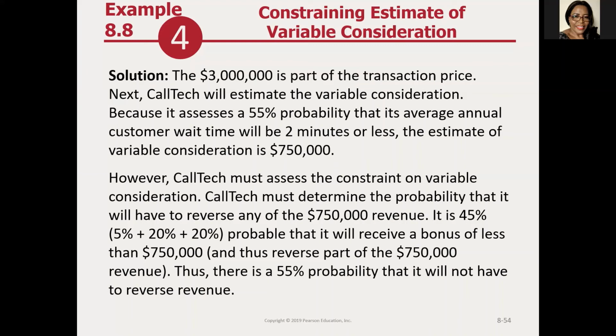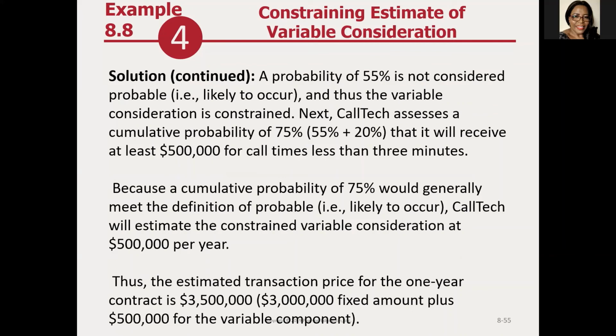That's your 5% plus the 20% plus the 20%. Probable that it will receive a bonus of less than $750,000 and thus reverse part of the $750,000 revenue. So there is a 55% probability that it will not have to reverse the revenue. So a probability of 55% is not considered probable, and thus the variable consideration is constrained.